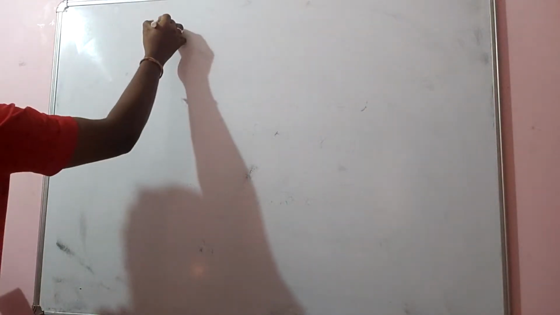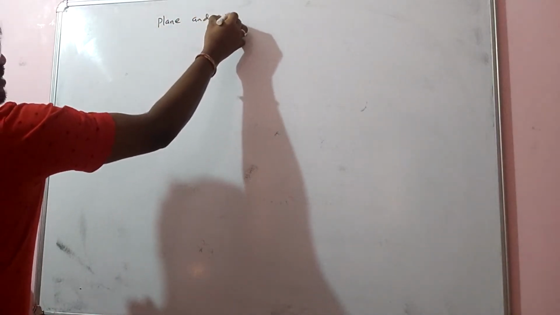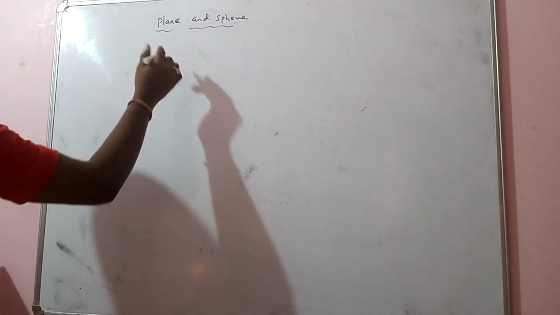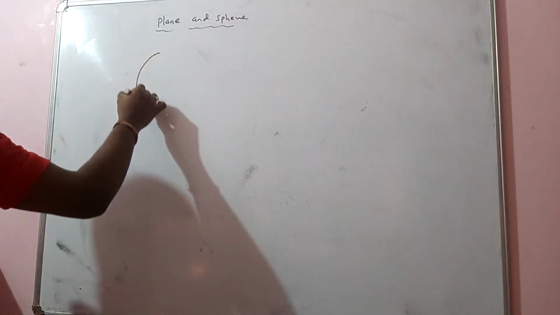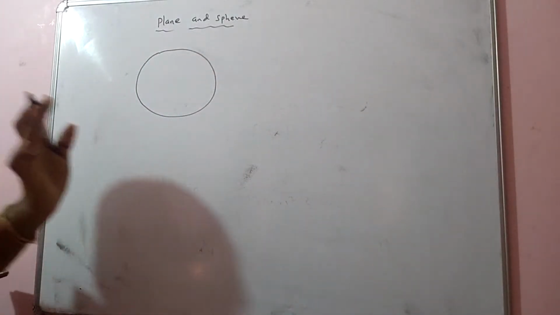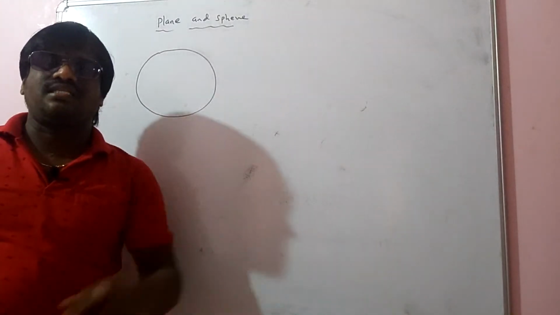Plane and sphere. Now we are going to learn about plane and sphere. Sphere you have learned, plane you already know. Now just see here, this is the sphere. Two things can happen here: the plane can touch the sphere, or the plane can intersect the sphere.